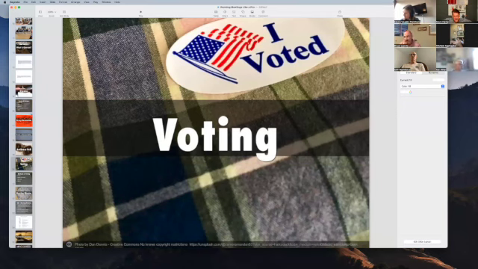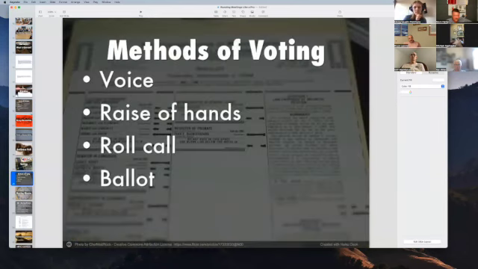Great questions. Let's talk for a moment about voting. In board meetings, voting is often just done verbally. All in favor say aye, all opposed say nay, and that's fine. In larger associations with annual meetings, generally speaking, it's advisable to do written ballots, especially if there's a possibility that the vote or the procedure could be challenged.